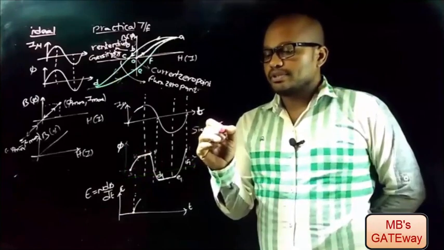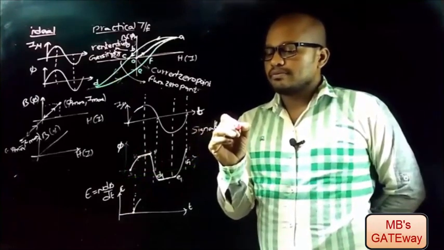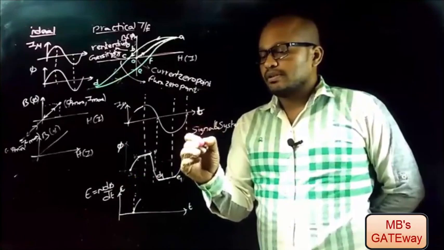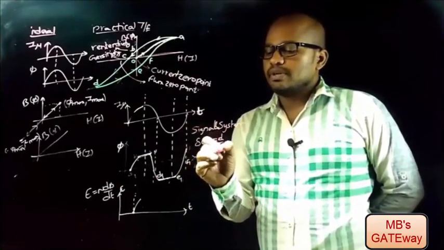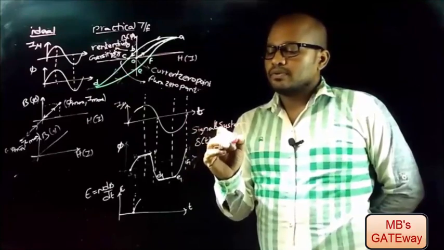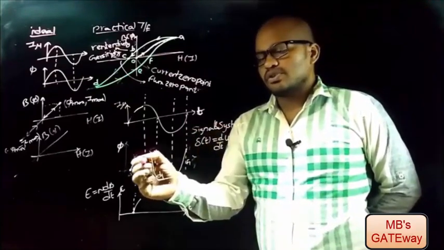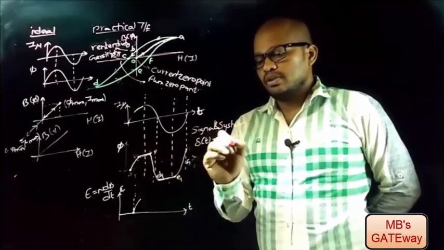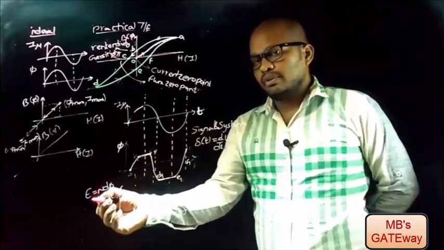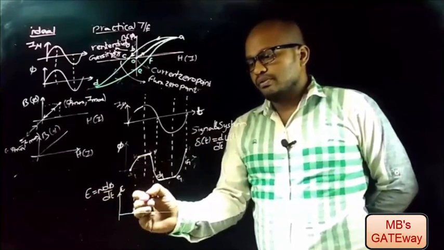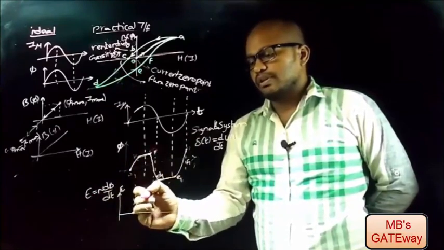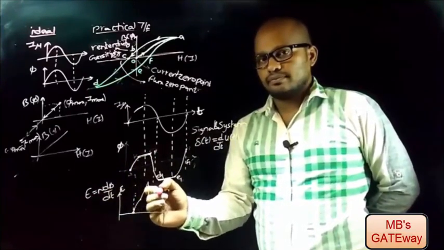And from the subject signals and systems, there is a concept that impulse function delta of t is equal to d by dt of unit function. As here constant function, let us suppose this to be unit function, and induced EMF is derivative of that unit function. So here from B1 to C1, here we will get the impulse function.